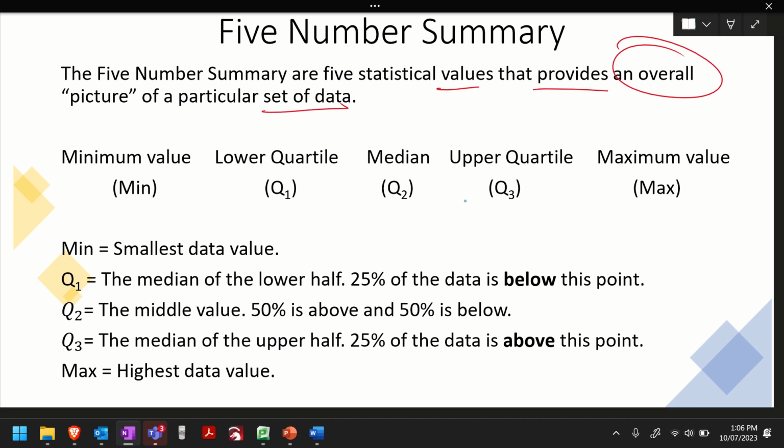The smallest number. I like to do it this way, even though it's listed in a certain order here. Minimum is the smallest number. Georgie, what would the maximum be? Highest number. Good. So there's 2 numbers there that you have to find already: the smallest number and the maximum.